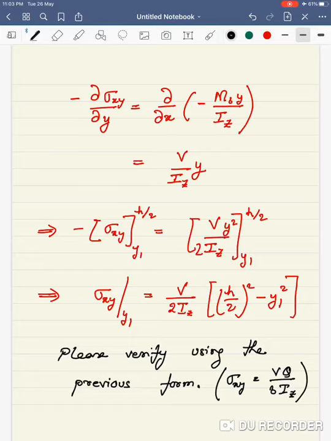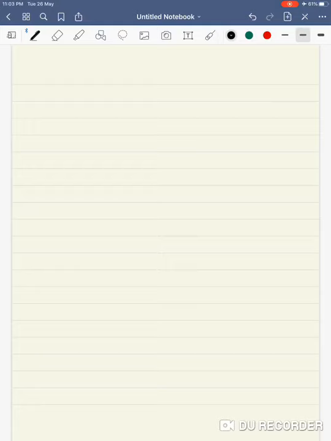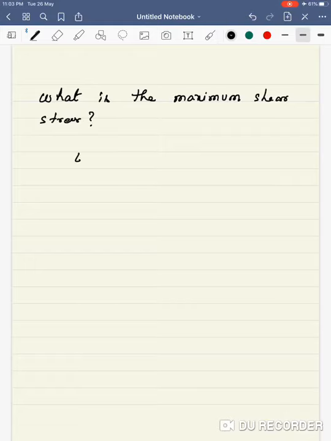and one can ask the question, so what is the maximum shear stress for a rectangular beam? And this is something for you to verify that this will actually be equal to 3 by 2 v by a.